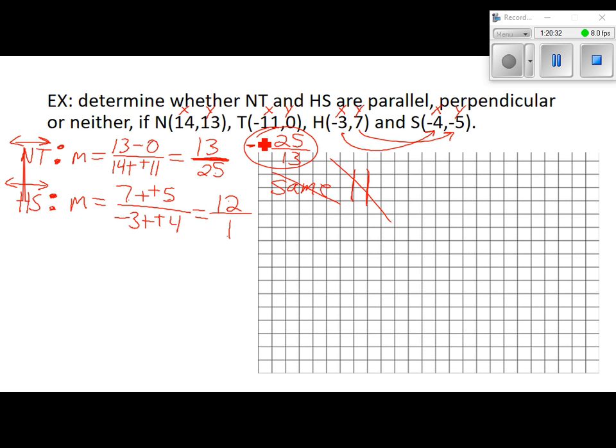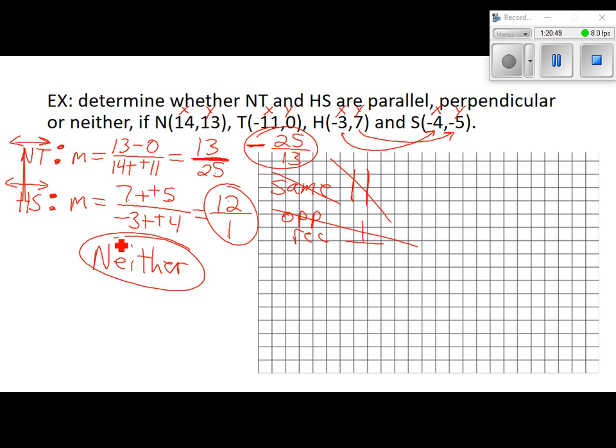Well, that's not the same as this, so they're not opposite reciprocals of each other either. That means they are not perpendicular. Then that means the only answer we have left is that they are neither.